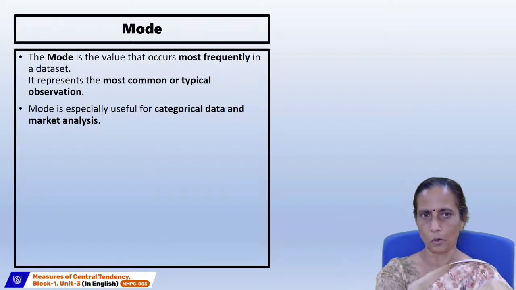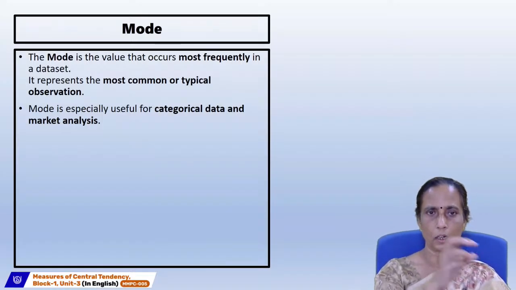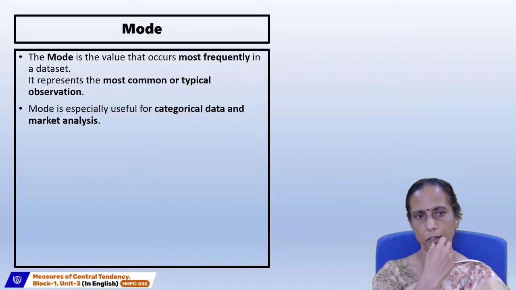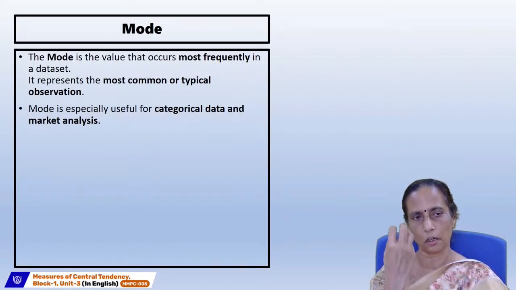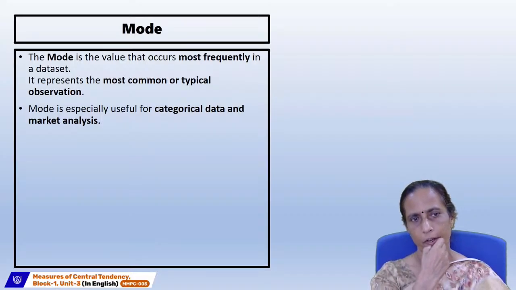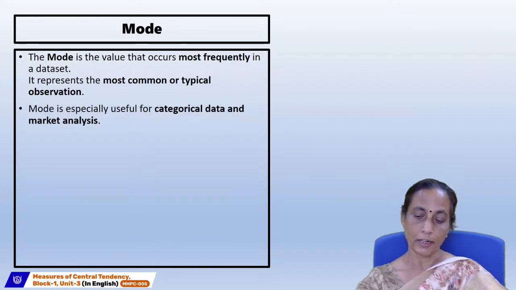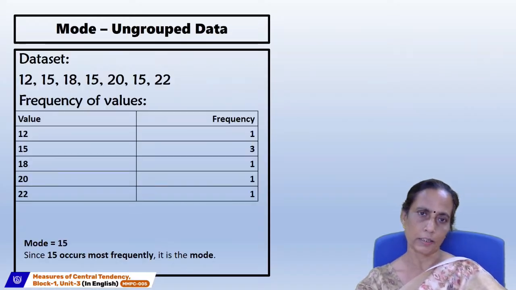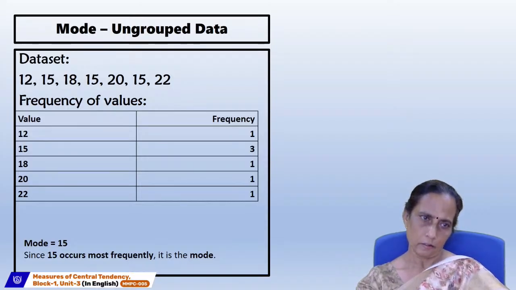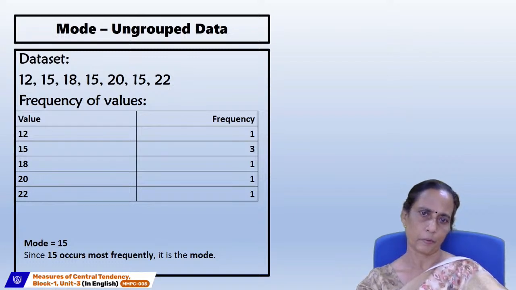Next is the mode, which is the value that occurs most frequently in your data set. It represents the most common or typical observation. Mode is especially useful for categorical data and market analysis. So if it is ungrouped data, then your mode is the value with the highest frequency.